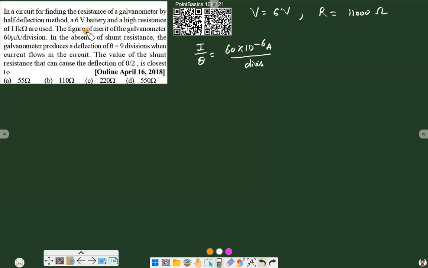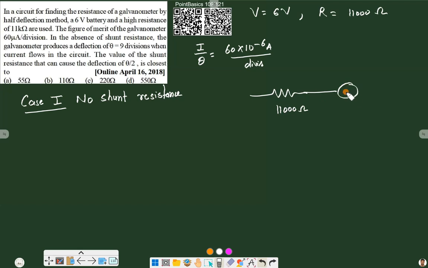Now let's discuss the first case, in absence of shunt resistance. So case 1, that is no shunt resistance. In this case, our circuit will look something like this: we have this resistance R that is of 11,000 ohm, we have a galvanometer here and we have a battery here.